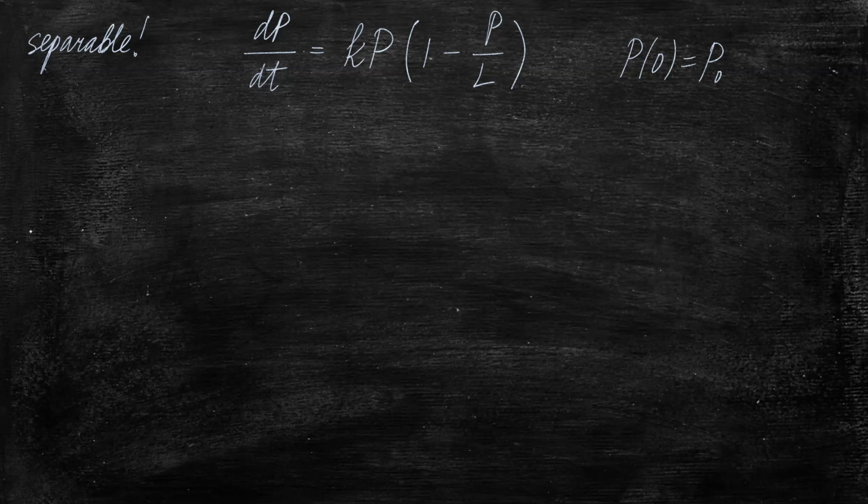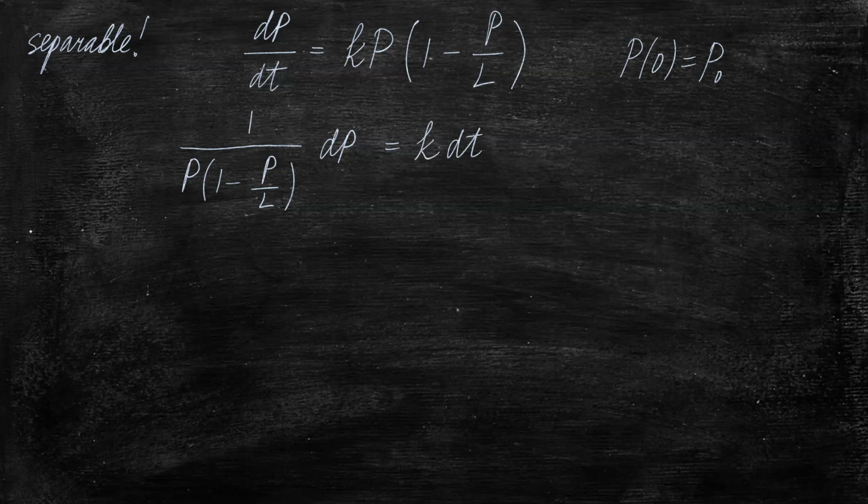We're going to treat P as a variable now, so on the left side we're going to have dP, and we're going to have P times (1 minus P over L) here, and on the right side we're going to have just dt with the coefficient k.